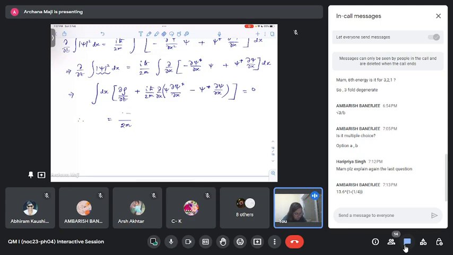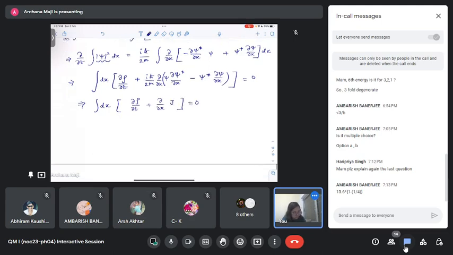This is equal to plus del x of the probability current. Therefore, the probability current is i h cross over twice m psi del psi star del x minus psi star del psi del x.